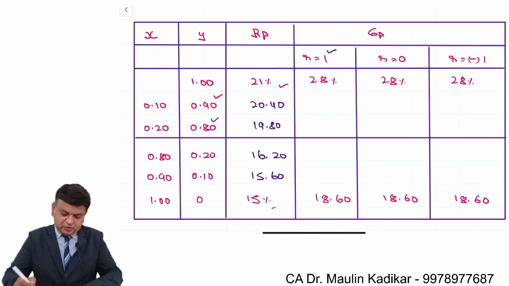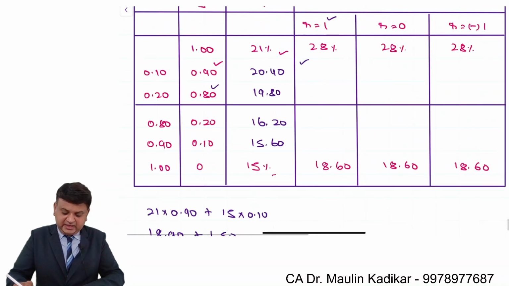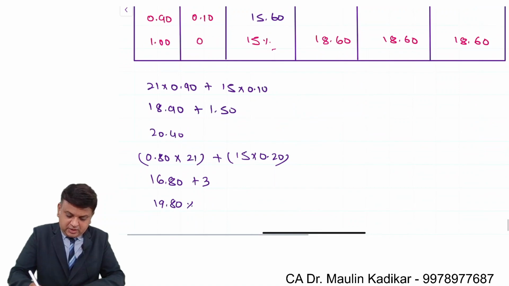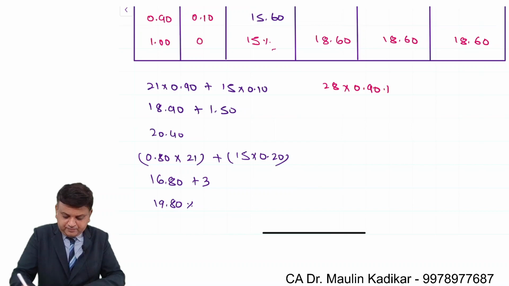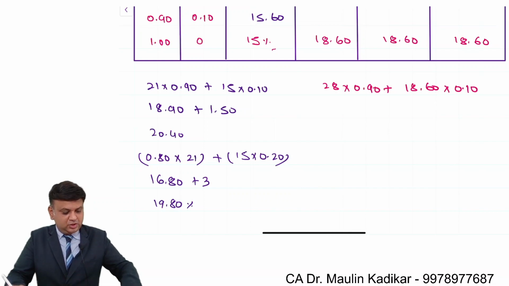So what will happen, dear students? Understand it carefully. 28% into 0.90 plus 18.6 into 0.10.